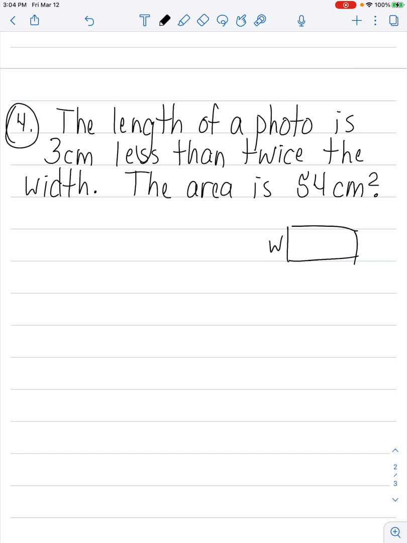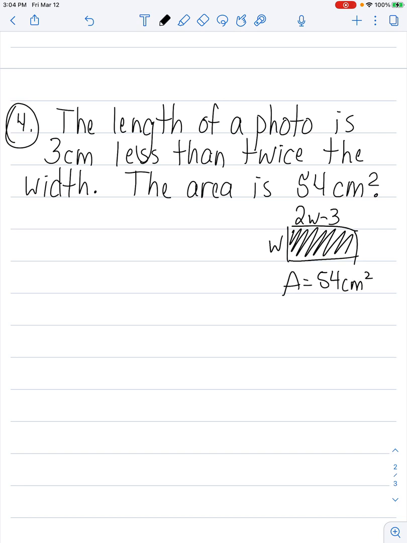Let's say our width is here, and the length is 3 centimeters less than, that means minus 3, but flip it, and then twice the width. I find that sketching the picture helps me. Then it tells you that the area, which is length times width, is 54 square centimeters.